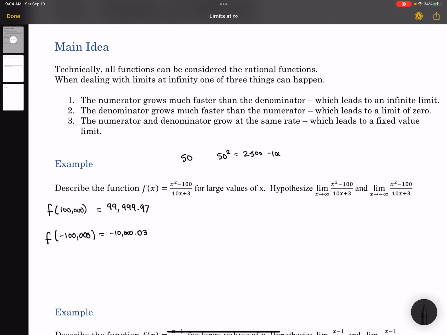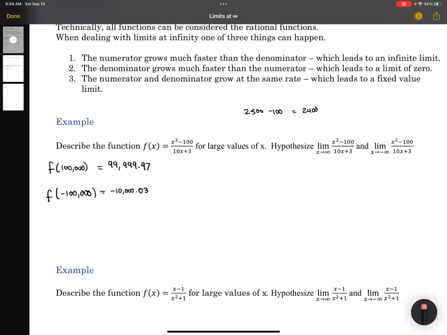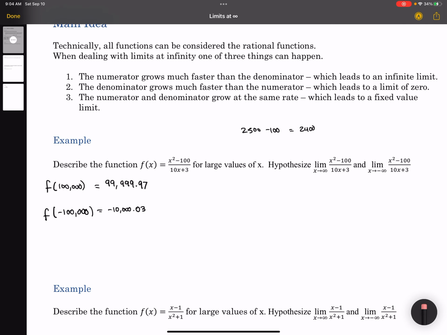And if we take out 100, we get 2,400. So that's what we get in our numerator. The 100 had almost no effect on the square of the large value. Similarly, in the denominator, if we had 50, we'd have 50 times 10, which is 500, plus 3, so we get 503. That 3 didn't really add a lot to the denominator.